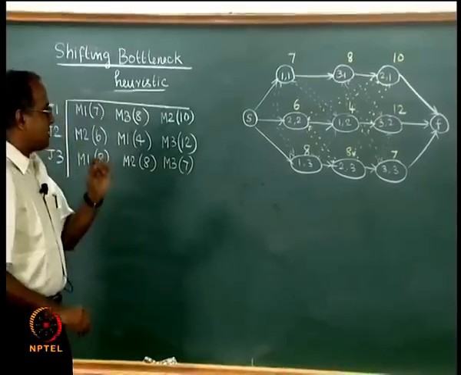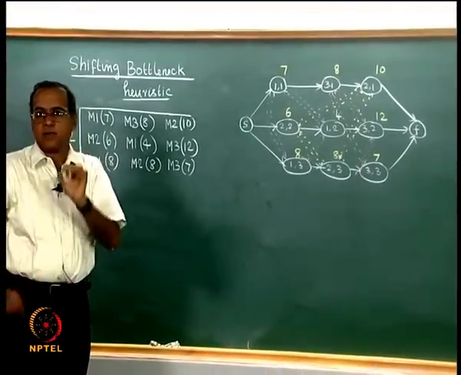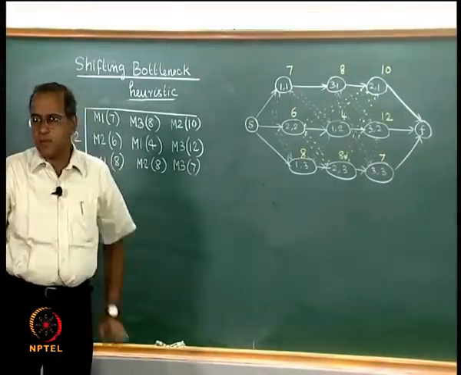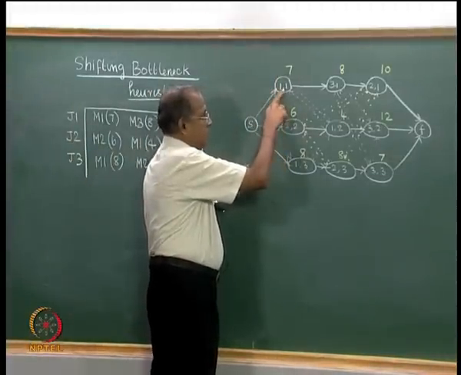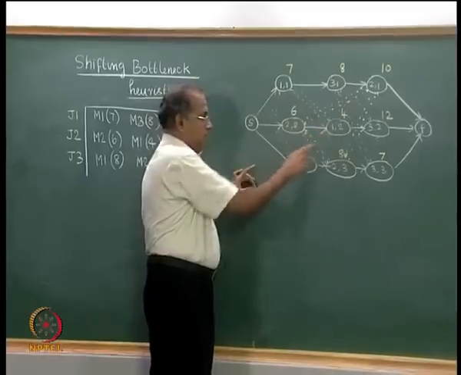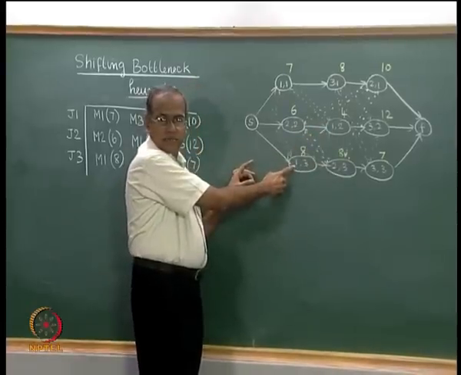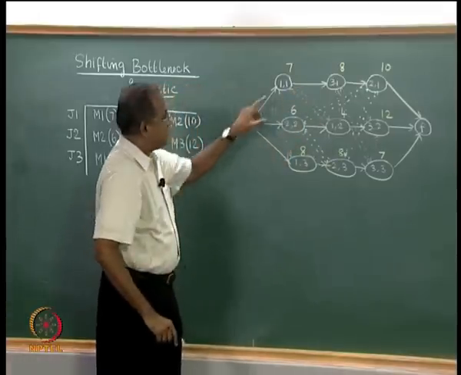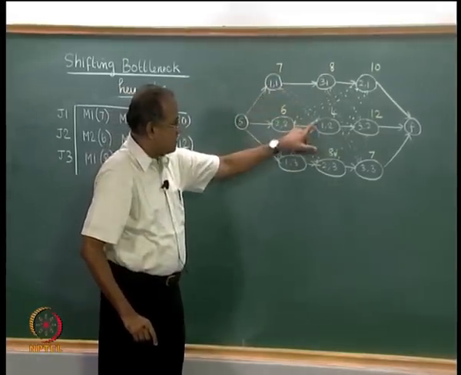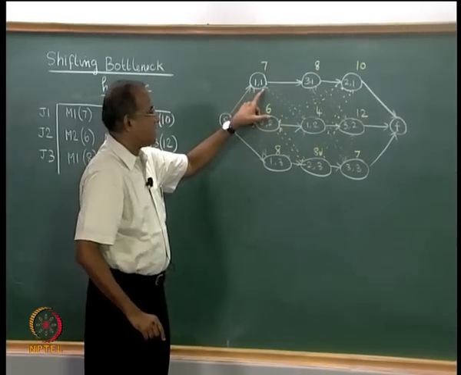For example, since a machine can process only one job at a time, if we take machine 1, then machine 1 figures here for J1, here for J2 and here for J3. So, what we do is we draw 2 arcs which are dotted, joining one to this in this direction and the other in the other direction.